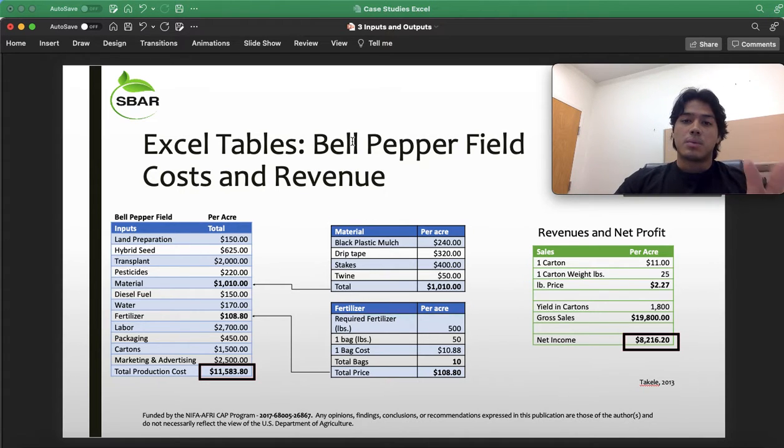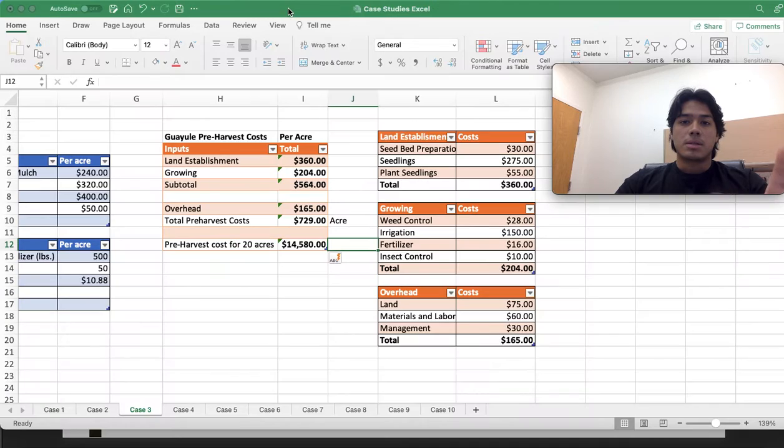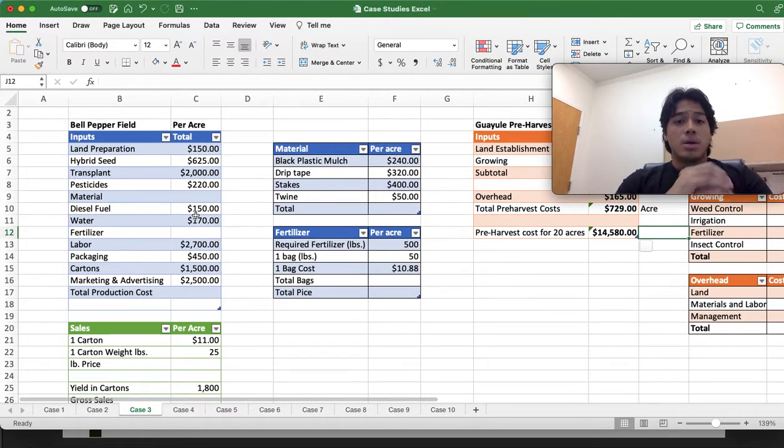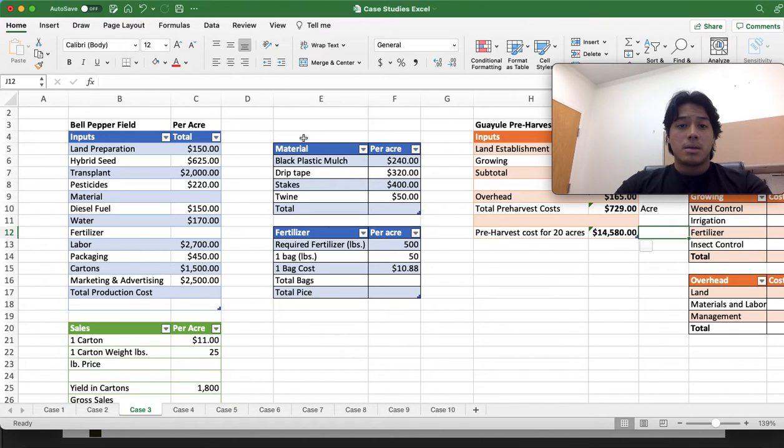This is going to be an example with bell pepper and its cost and revenue. Starting with this, same thing I did. We have some of the values already published there, but we need to find the material value and the fertilizer. In this case, we have the total costs.